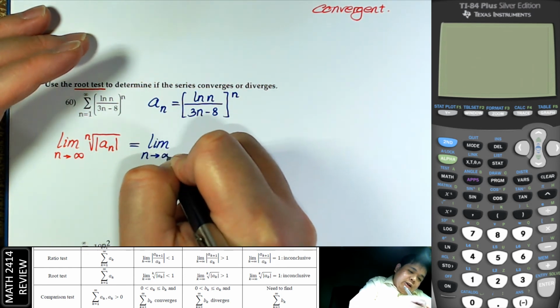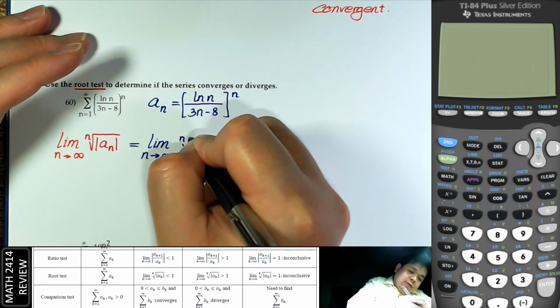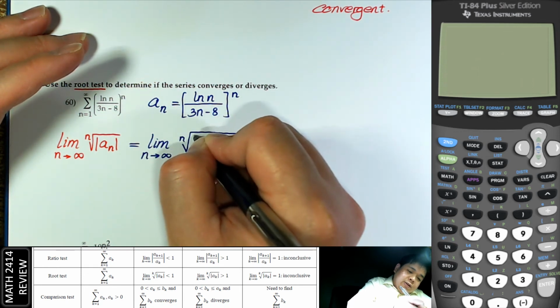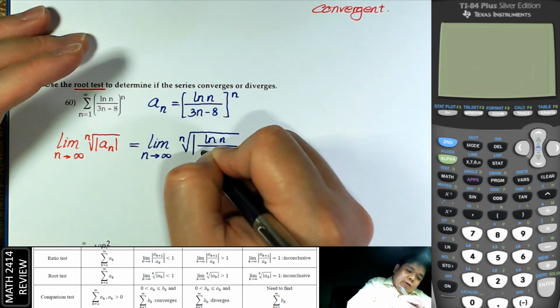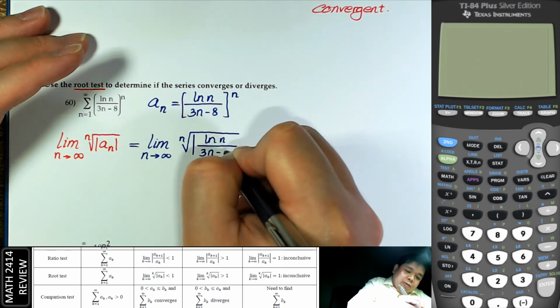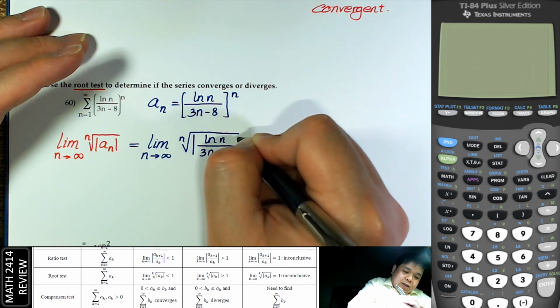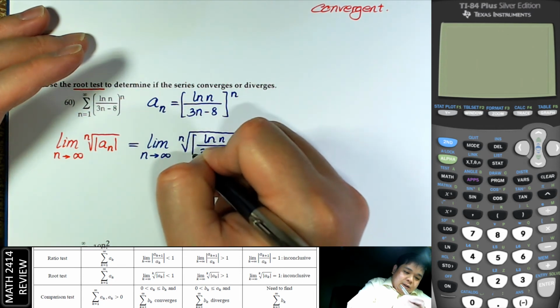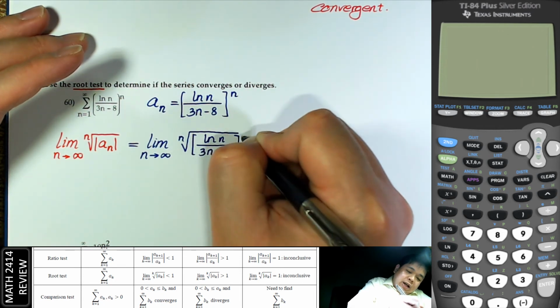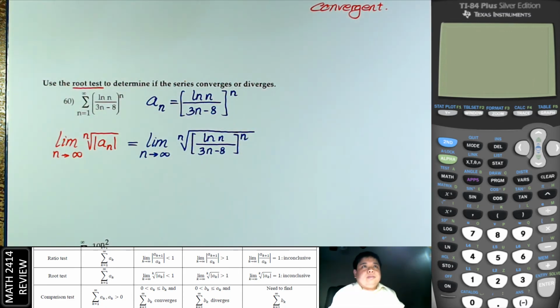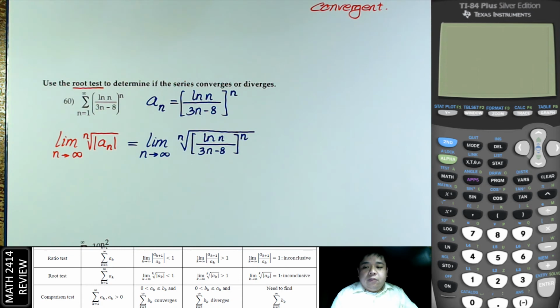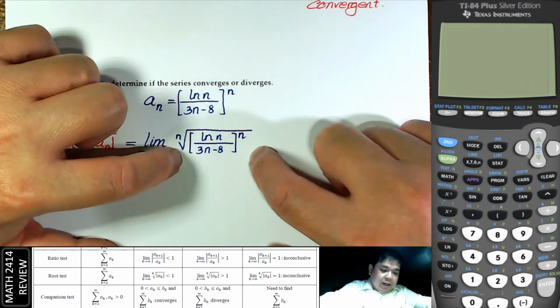As n goes to infinity, the n root of ln of n over 3n minus 8, to the n power, all of that in the absolute values.